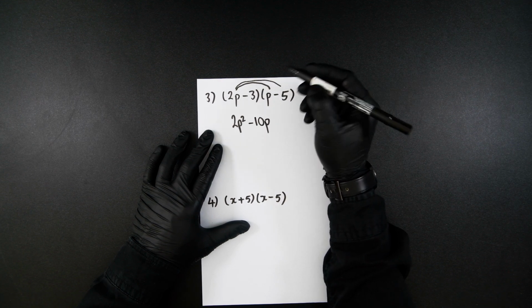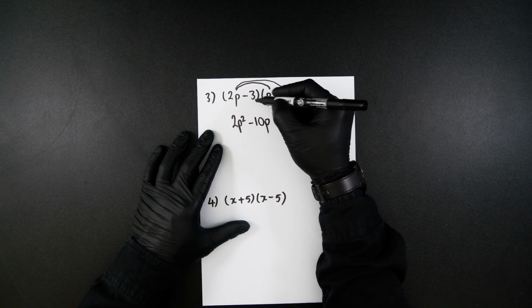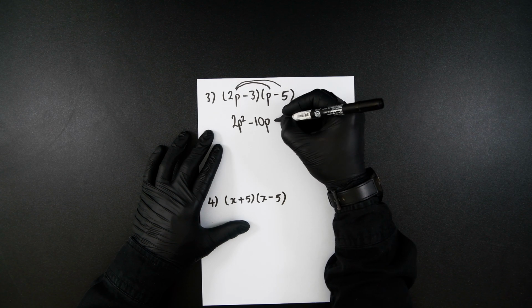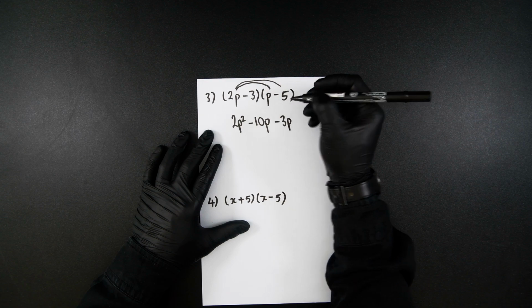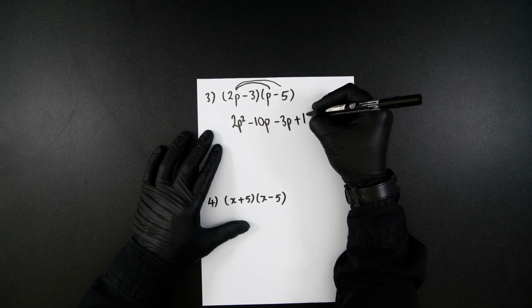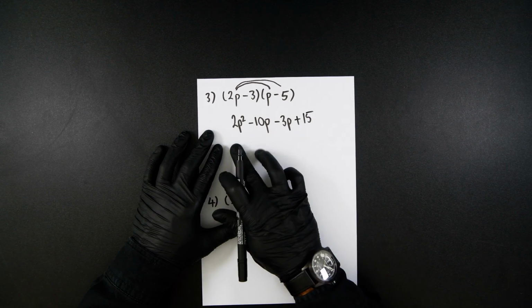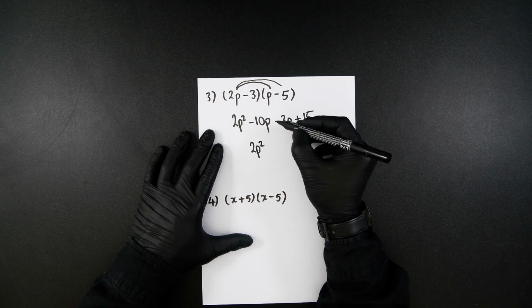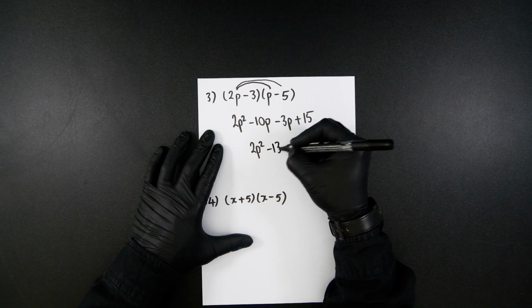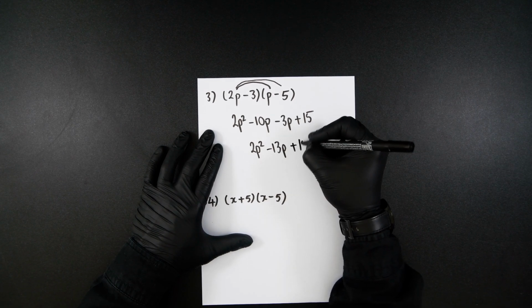And then you're going to do minus 3 times p, which is minus 3p, and minus 3 times minus 5, which is plus 15. We can now clean up. So we're going to get 2p squared minus 10p minus 3p, which is minus 13p, and then plus 15.